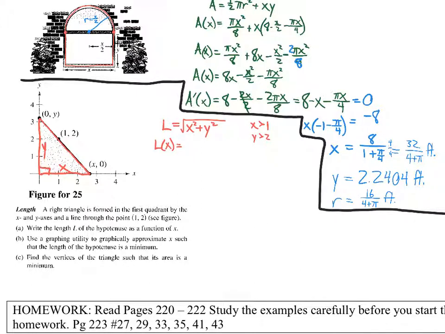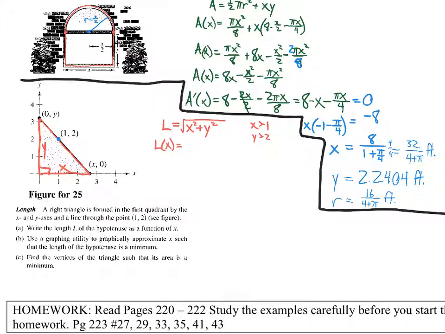Okay, so how do we get this all in terms of x? Well, it all goes back to the fact that this is going through the point 1, 2. And we're actually going to use a way to represent the slope in two different ways.